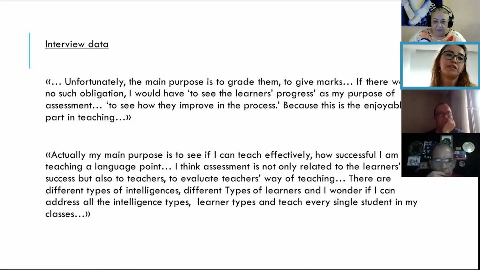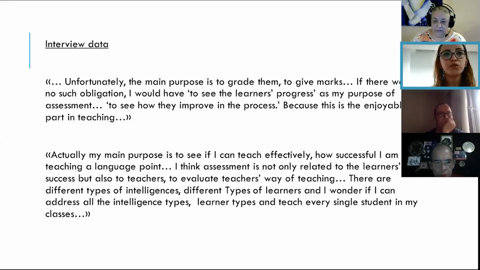Another teacher said about his purpose of assessment, actually, my main purpose is to see if I can teach effectively, how successful I am in teaching a language point. I think assessment is not only related to the learner's success, but also to teachers, to evaluate teachers' way of teaching.